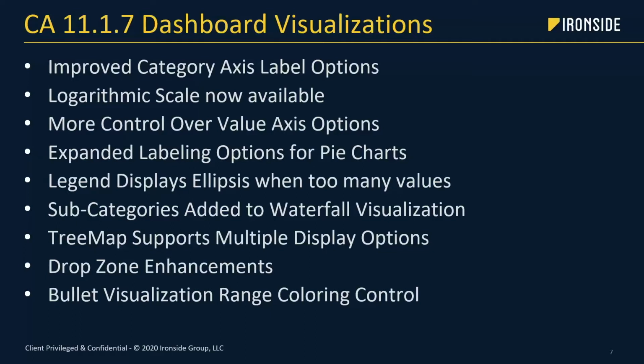They've added subcategories to the waterfall visualization, and we'll take a look at that. The tree map now supports multiple different display options, so we're actually going to see a side-by-side visualization of all four of those options. They've done some drop zone enhancements.